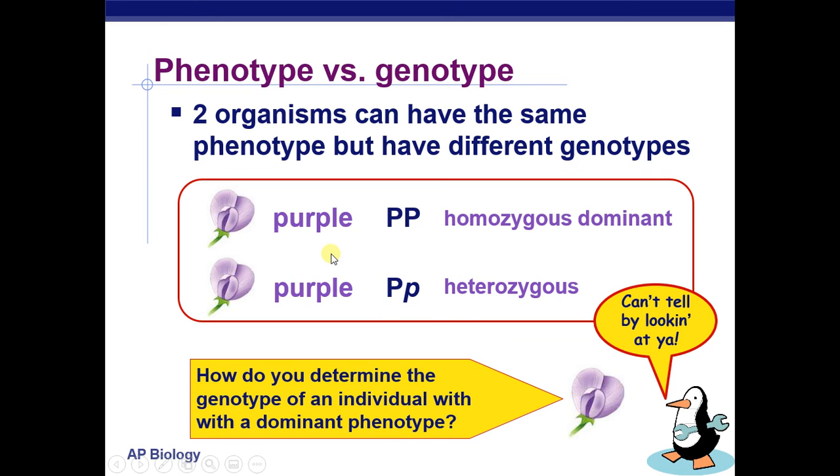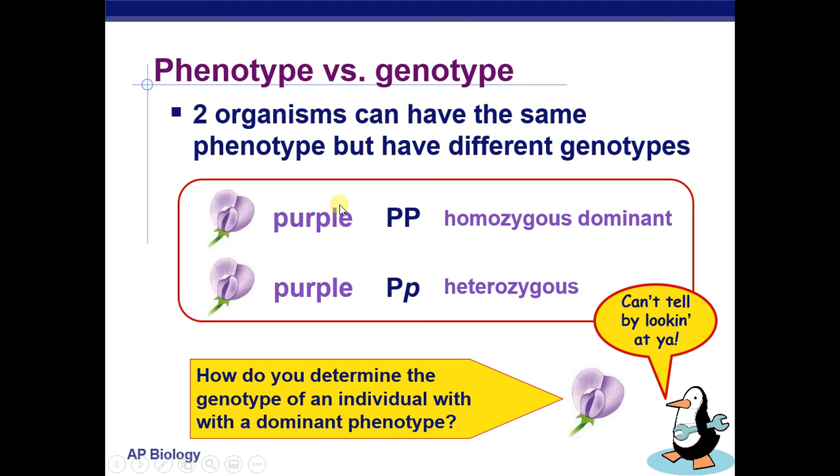For example, in the purple flowers, there could be a homozygous dominant flower that is purple, or there could be a heterozygous flower that is purple. And both of them are purple because both of them have at least 1 dominant allele, and anything that has at least 1 dominant allele will have a dominant phenotype.